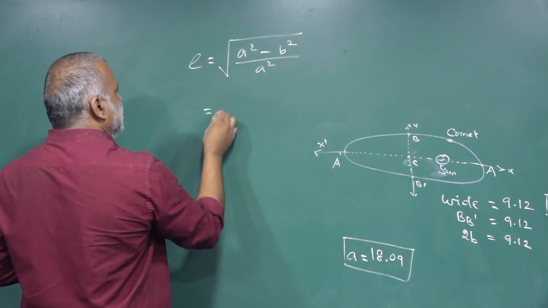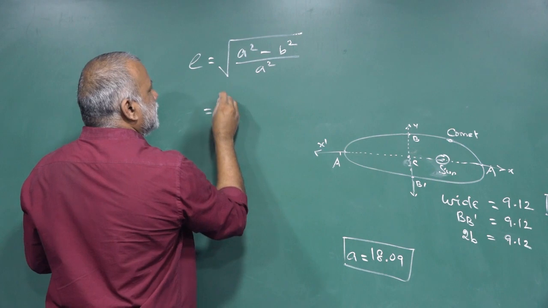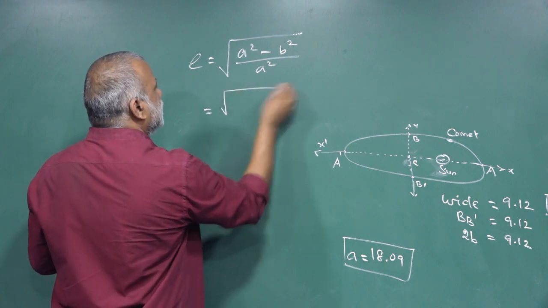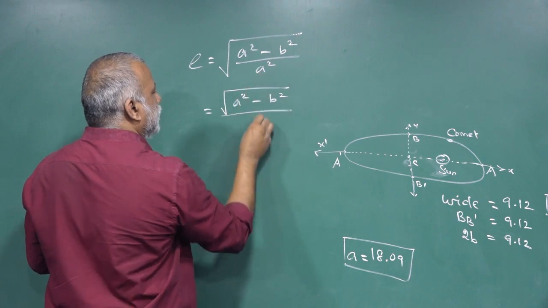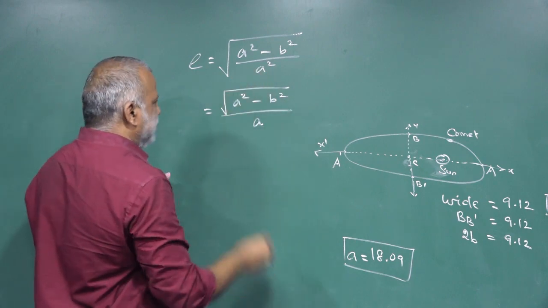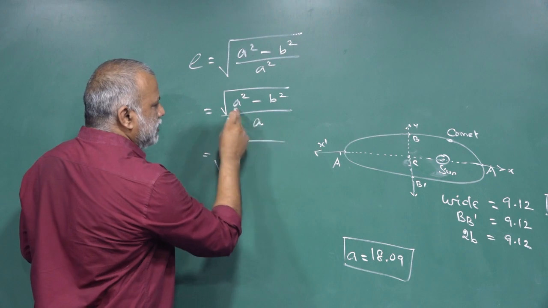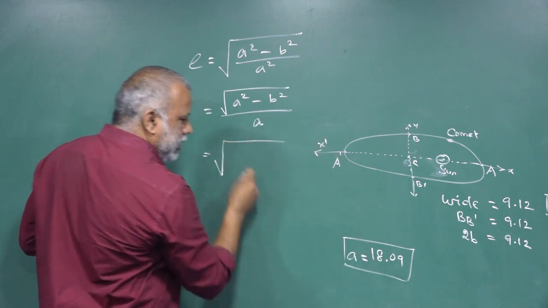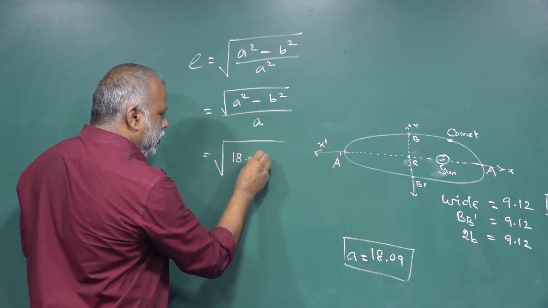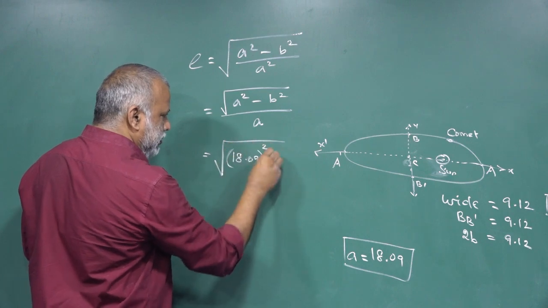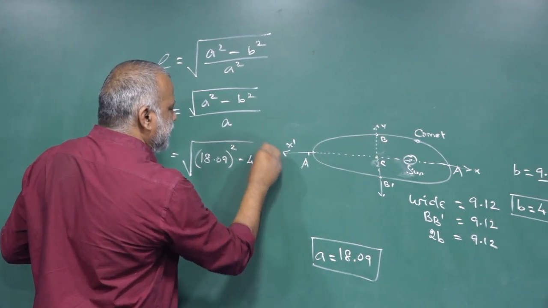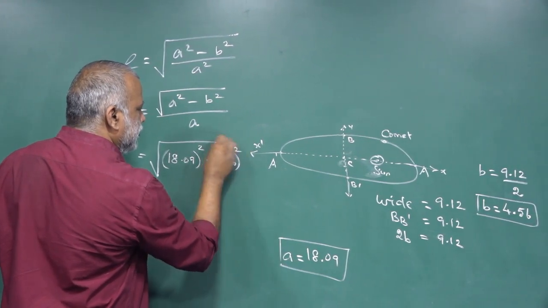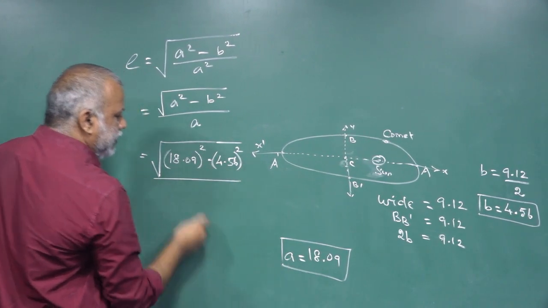So now listen, I can write it like this: square root of A squared minus B squared, divided by A. Substitute the data. What is the value of A squared? 18.09 whole squared minus, what is the value of B? 4.56 whole squared, divided by the value of A again.